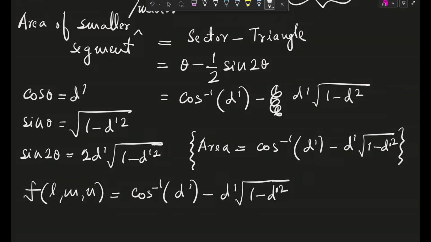Either you treat it like I am taking this back from the u comma v system to the x comma y coordinate system, so I will be using the scaling factor, or you can treat it like I am taking this from the x comma y coordinate system to the u comma v coordinate system, and there it is increasing with 15, so I have to multiply by 15. Okay, you can go either way, it's the same explanation both sides. So this particular thing here will be multiplied by 15, and this thing is your final f of l comma m comma n.